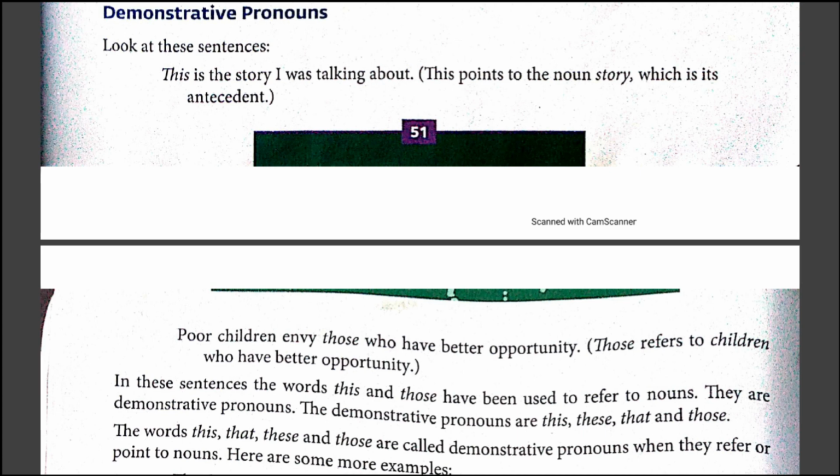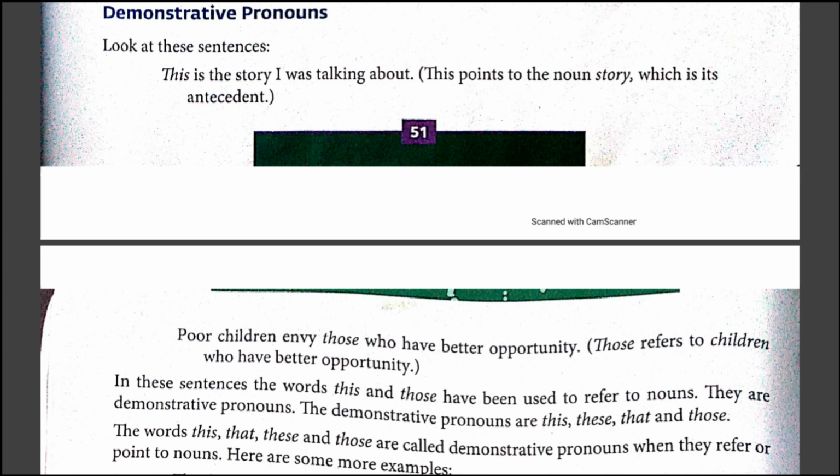Look at these sentences. This is the story I was talking about. This points to the noun story, which is its antecedent. So this, that, those, these are pronouns.